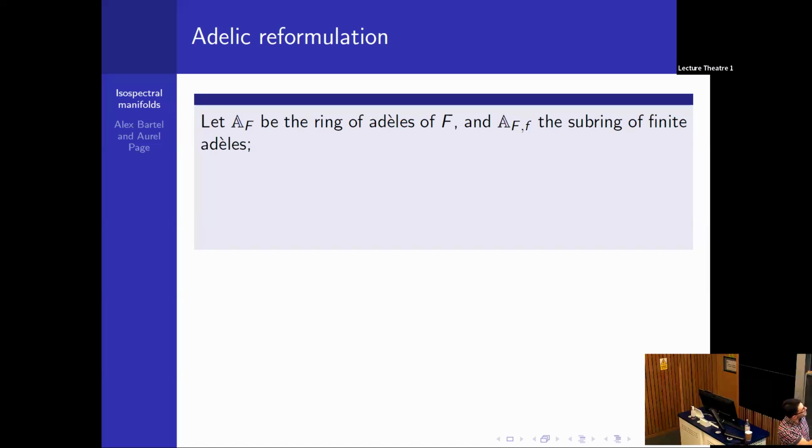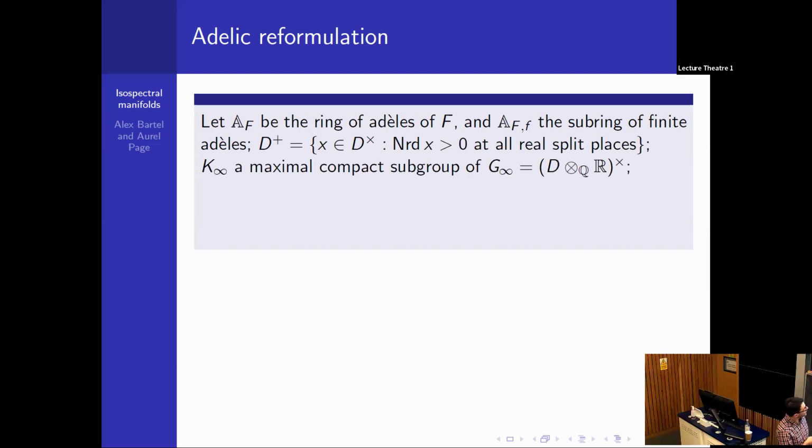Here I have the completions at the finite places, so a bunch of p-adic fields. And again, I'm going to take the elements of positive reduced norm. And I'm going to take a maximal compact subgroup of this group G infinity.